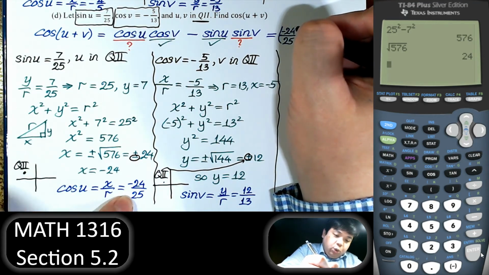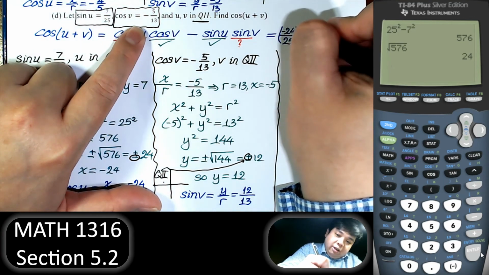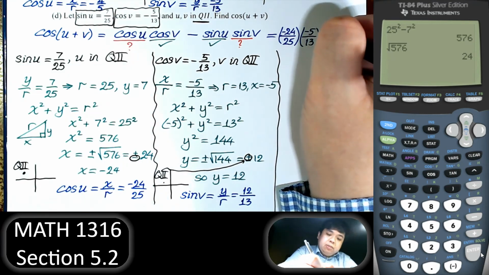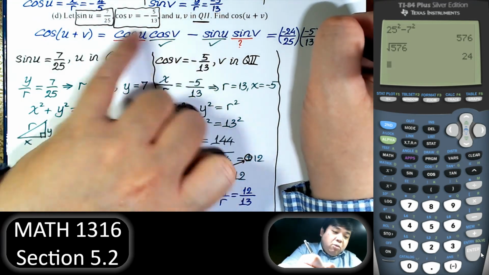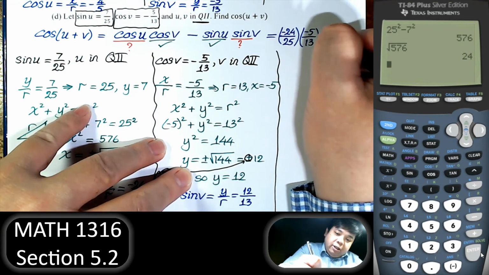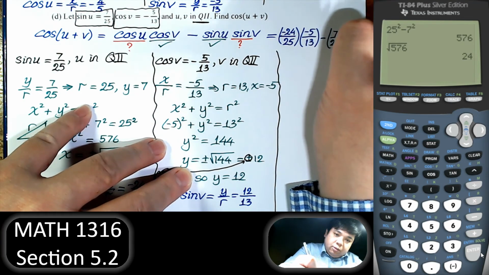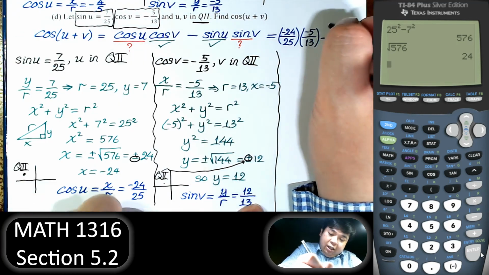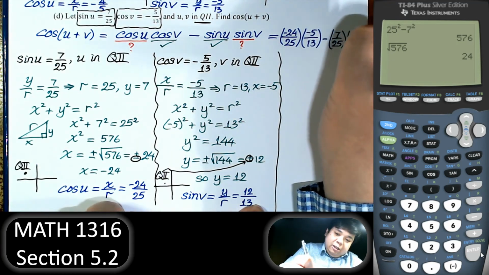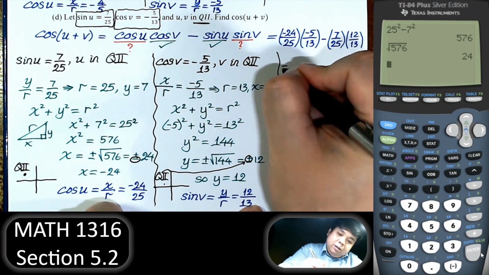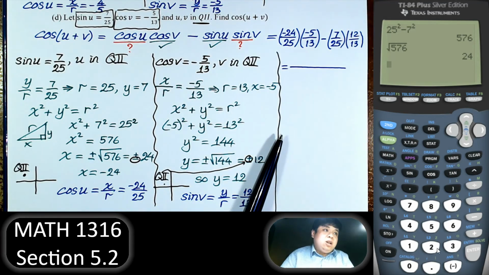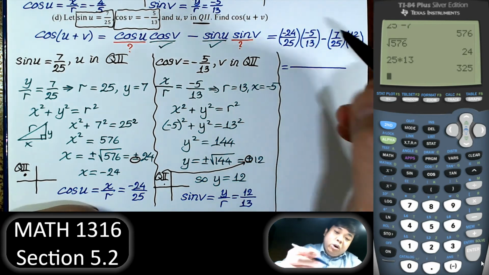So cosine of u times cosine v, that is given, negative 5 over 13, minus sine of u, that's given, 7 over 25, times sine of v, 12 over 13. Right. Now at the bottom we have 25 times 13, that is a common denominator.